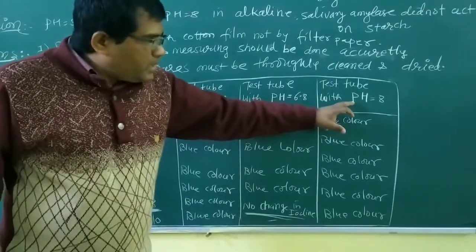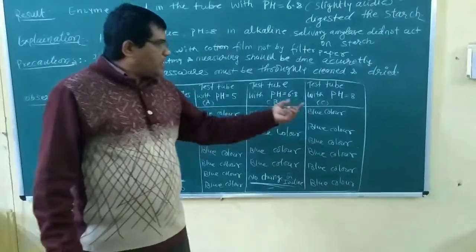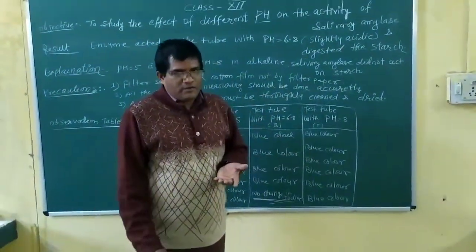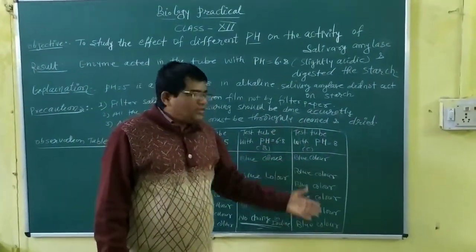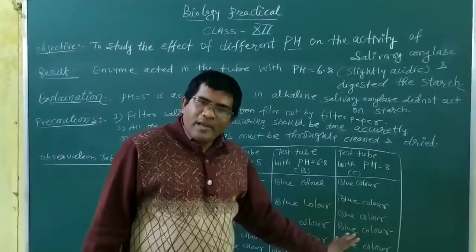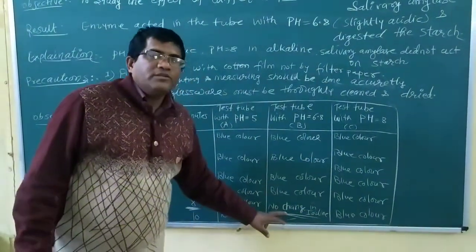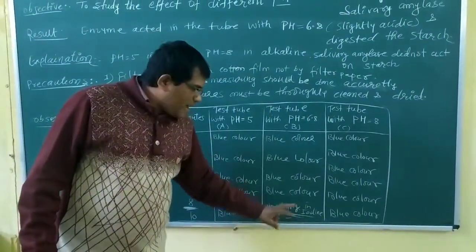And in the pH 8 test tube, blue color appears here also. If we take a pH value more than 8, an alkali medium, the iodine color does not remain the same.